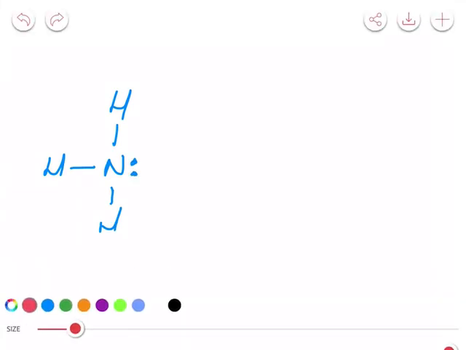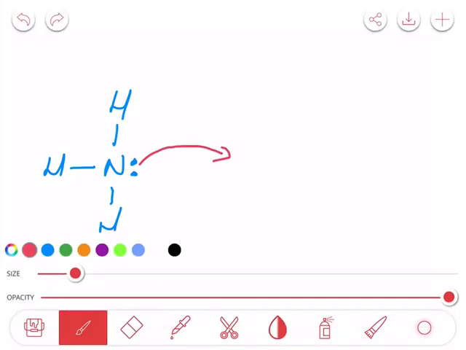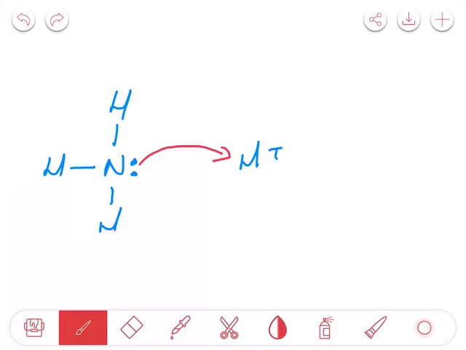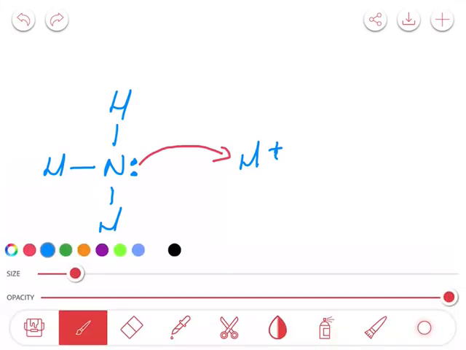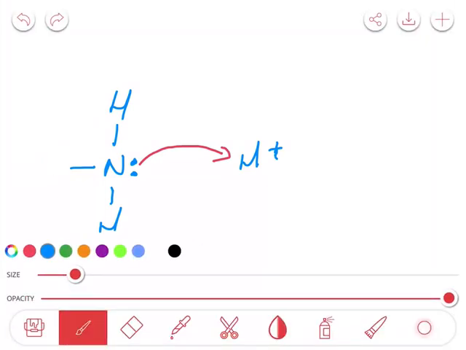Okay, so again, just to go back to this, let's use ammonia as our kind of standard. So here's ammonia, there's the lone pair of electrons which are being used to donate in order to accept a proton. Okay, so there's the proton there. Now, if one of these hydrogens is replaced with an alkyl group, so let's get rid of that one there.